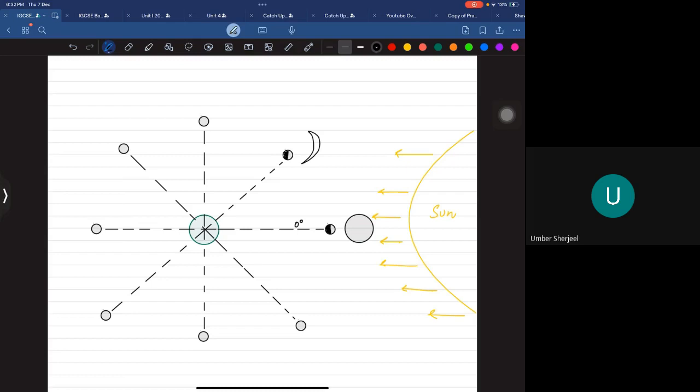Then, from our perspective, this is when it is 45 degrees from Earth. Then you see a half moon when it is at this location, which is 90 degrees from Earth, and that's when you see the half moon lit like that. All right, kids. Then you see this moon.